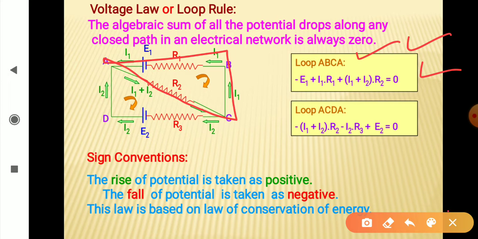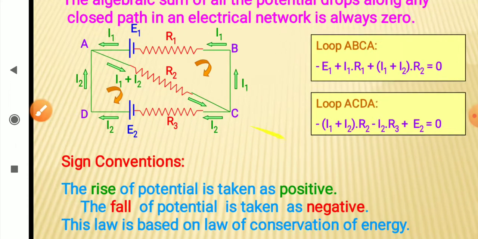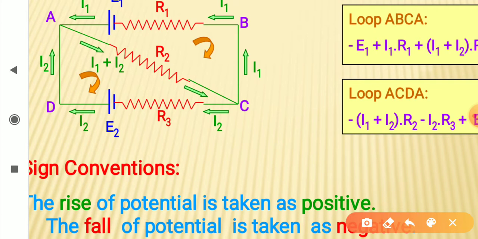For the second equation, let us look at the loop once again. Let us mark positive and negative first. For resistance R2, current is flowing from higher potential to lower potential. For R3 also, current is flowing from higher potential to lower potential. For E2, the negative terminal is negative and the positive terminal is positive, higher potential.